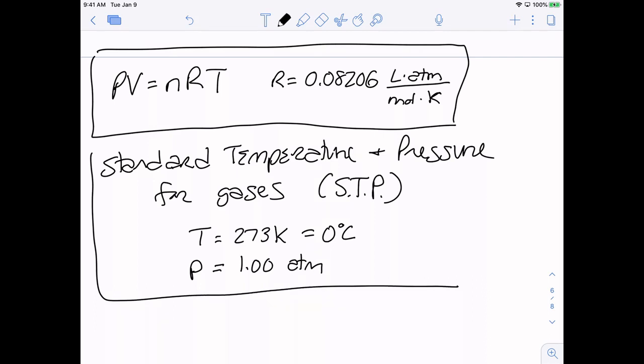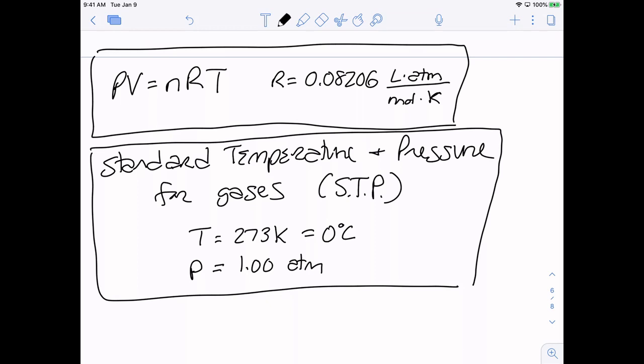I could ask a problem that says, if we have 4 liters of gas at STP, what is my number of moles? And it kind of seems like I'm missing information in that problem, but we're not. We're solving for the number of moles, we're solving for n. R is constant, so we get that from our table.